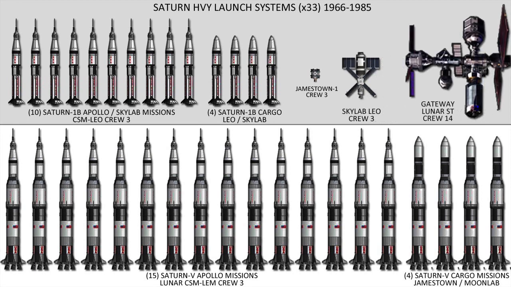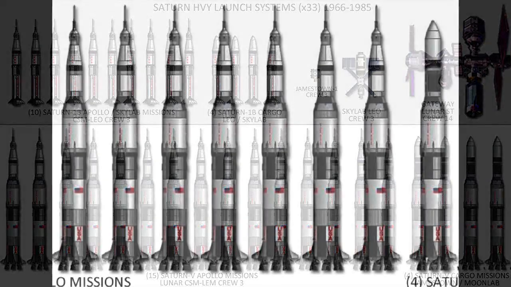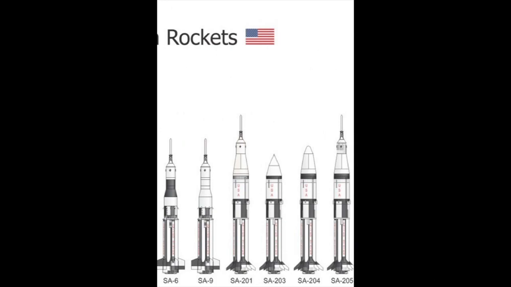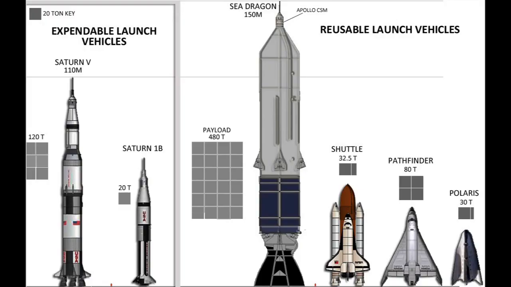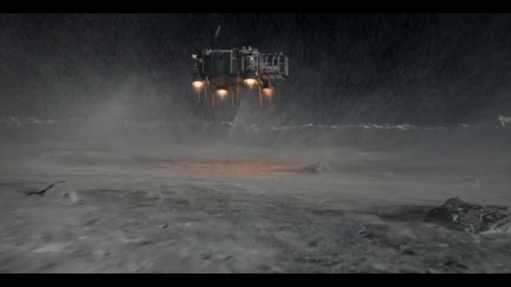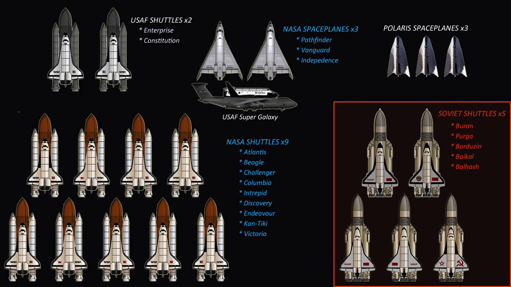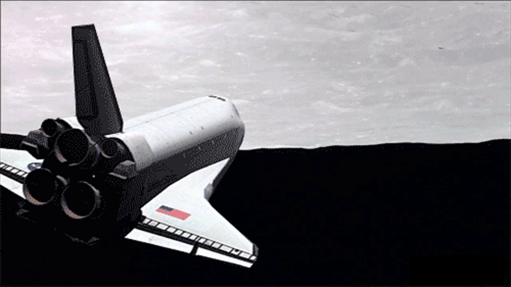If I remember correctly, there were 19 Saturn V launches and around 13 Saturn 1B launches compared to the 10 or 12 total that took place in our timeline. And also considering the technology when they built the space shuttle was 10 years ahead compared to our timeline. When they were building the space shuttles, there was already a Jamestown base on the moon. So even though the space shuttles look identical to our space shuttles, obviously they were designed to actually go to the moon and orbit the moon.